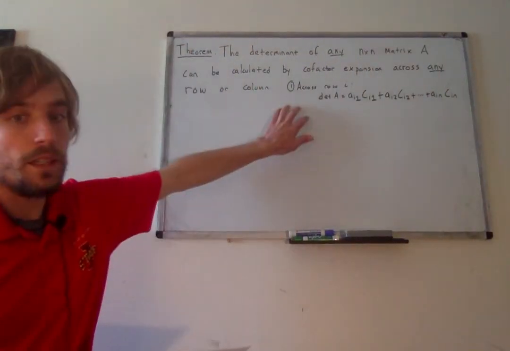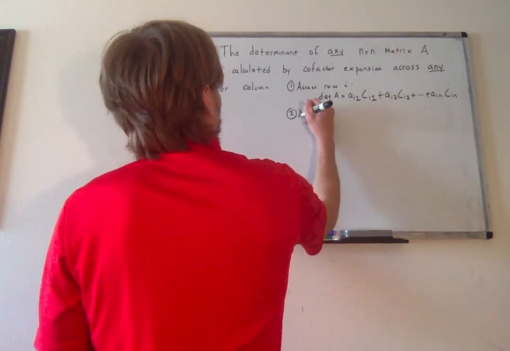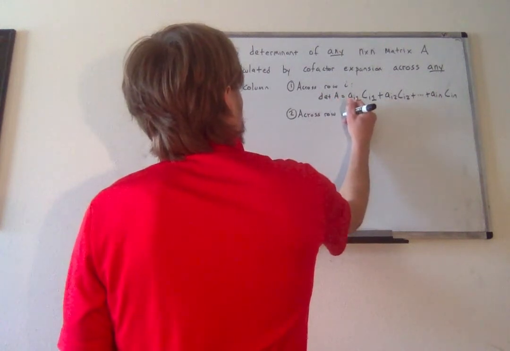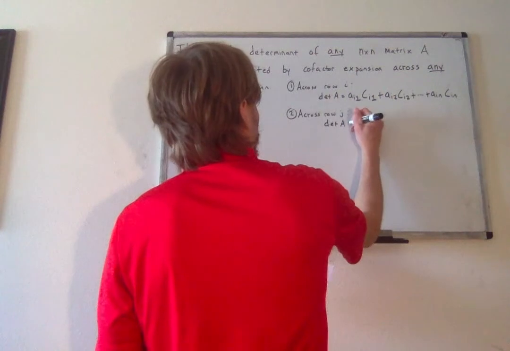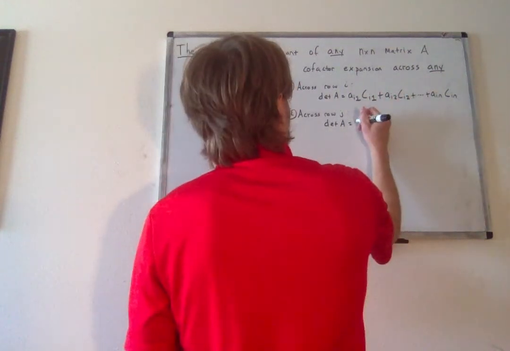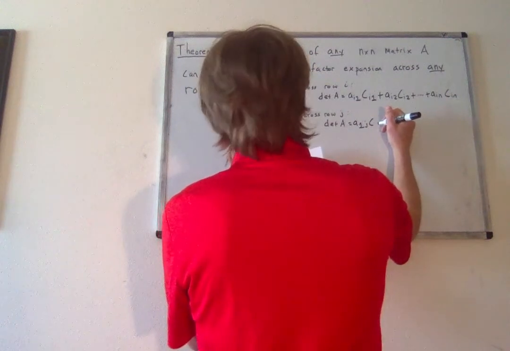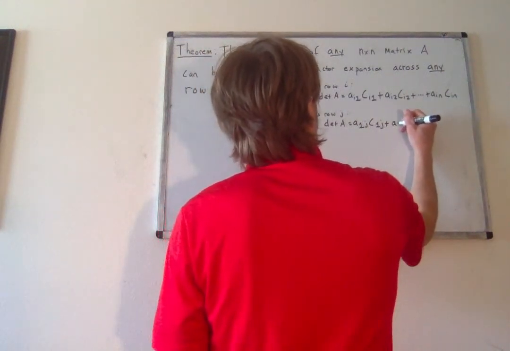That's what's going on in this sum. Or we can do it across any column j. And when I do it, I'll show that I don't really think about it like this sum might have you think about it. I'll show you the way I prefer to think about this.